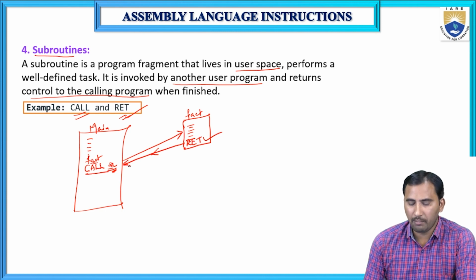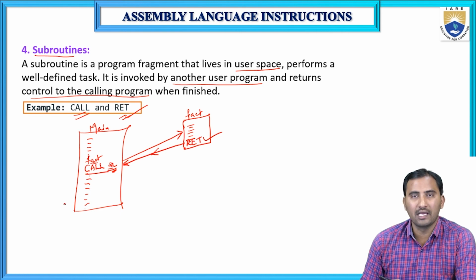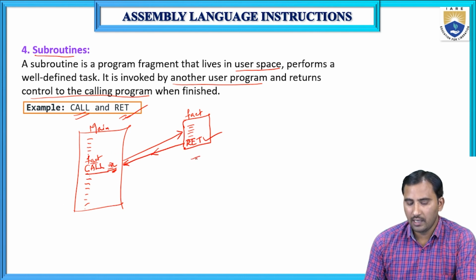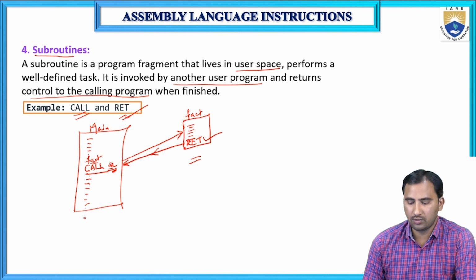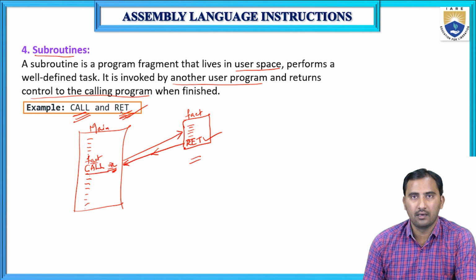After returning, it resumes its next instructions and executes the remaining instructions. In this way the subroutines will be executed. For this purpose, we use the call and return instructions.